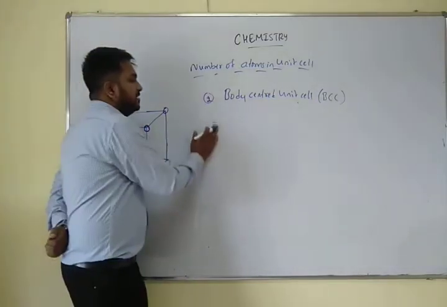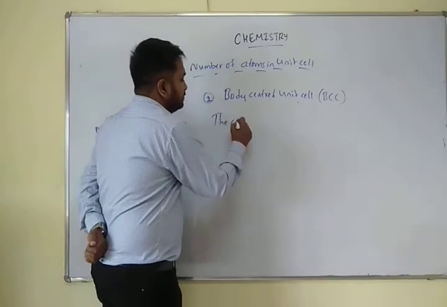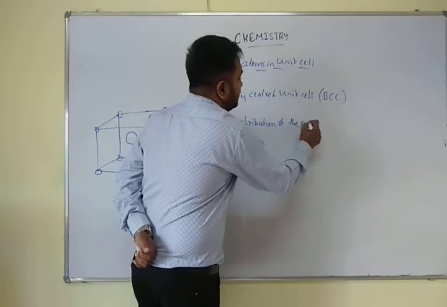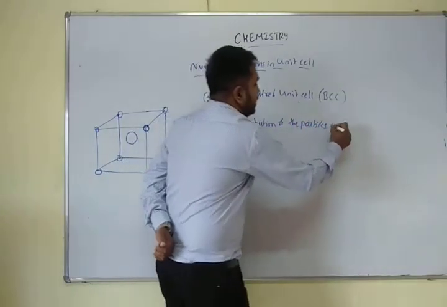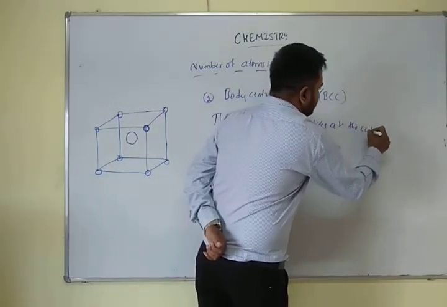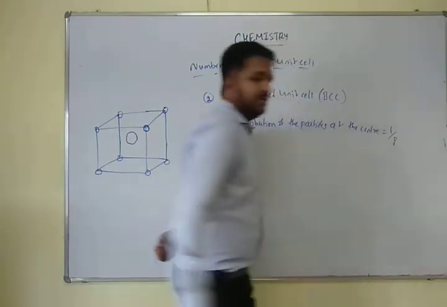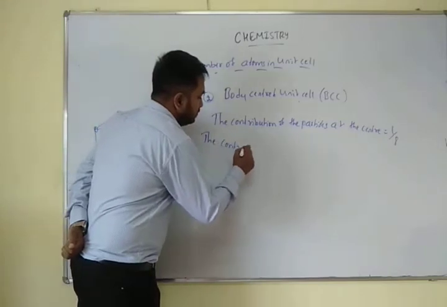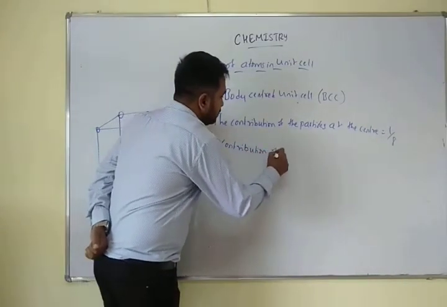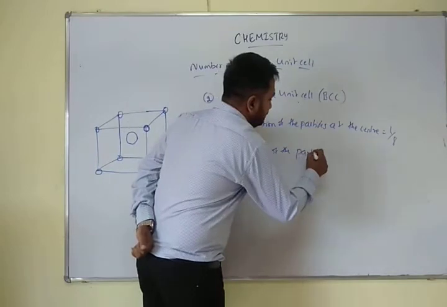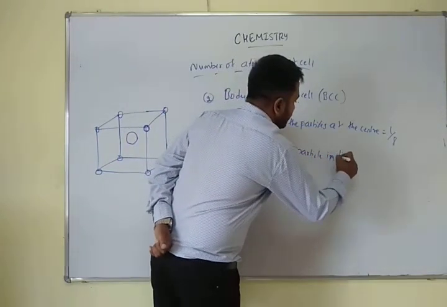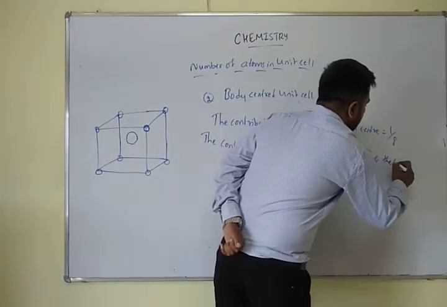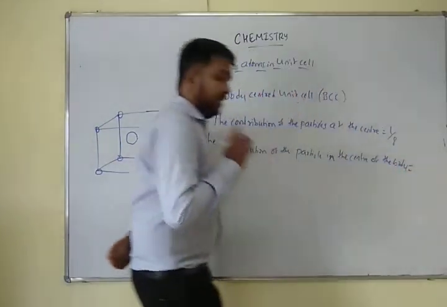So now let us look at that. The contribution of the particles at the corners will be 1 by 8, okay, and the contribution of the particle in the center of the body is 1.